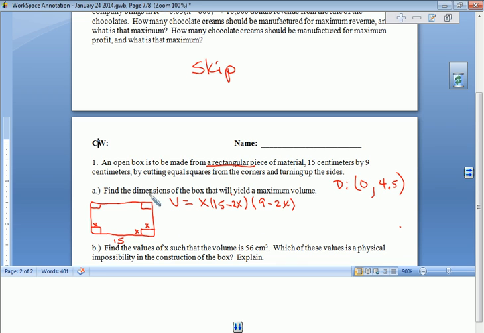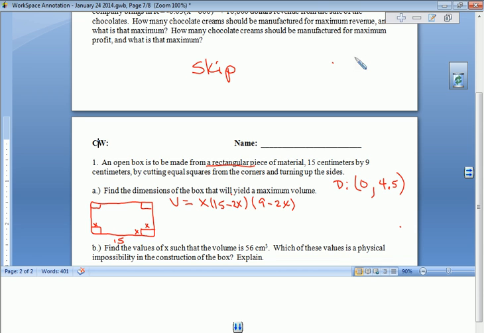Now this one says find the dimensions of the box that will yield the maximum volume. Oh, you want your calculator now because this is not a quadratic. This is a cubic. And we know cubics can look like this. So there's no shortcut negative b over 2a. There's no shortcut vertex halfway in between. Thankful I have a graphing calculator to help me find the maximum.